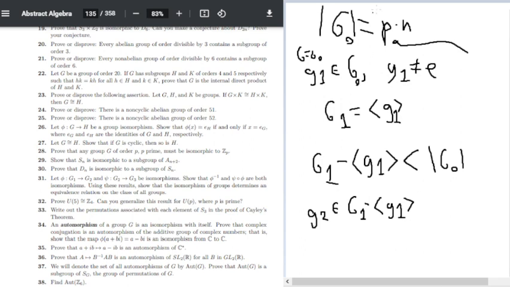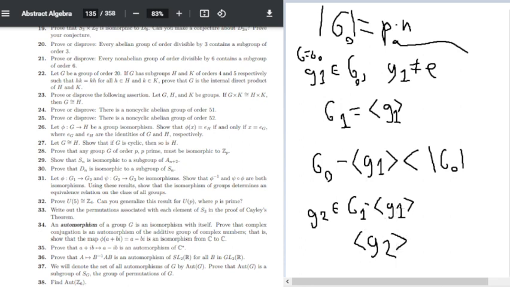And if its order divides P, then it's going to again be it, so we assume that it's not the case. Actually, I should quickly specify this. G naught minus G1 has order less than G naught.